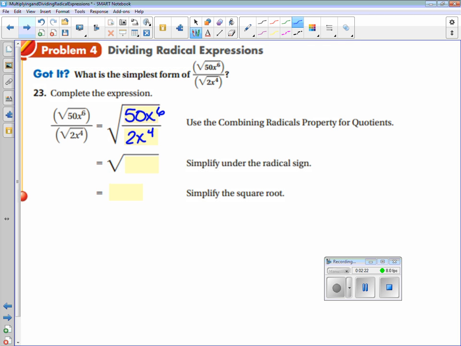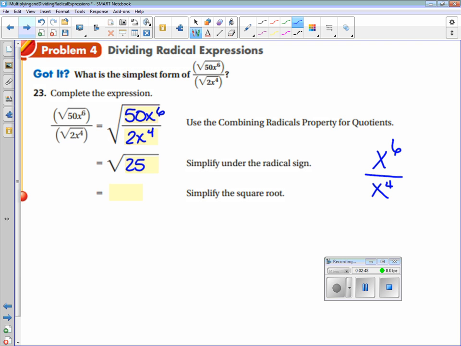What is 50 divided by 2? 25. There you go. And what do I do with the powers of x? When I have it as a fraction, just over here off to the side, if I want to reduce x to the 6th over x to the 4th, do you remember what we do with those exponents? I subtract them. Very good.